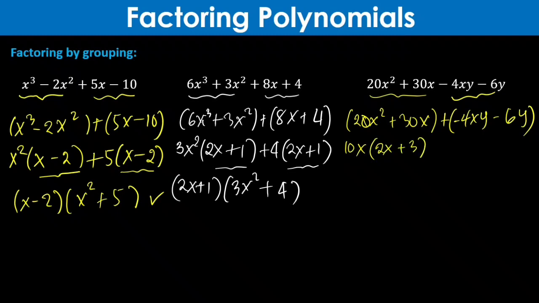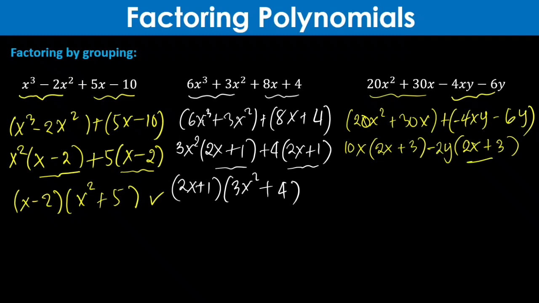You return it back, that's 20x squared, 30x. The common here is negative 2 and y. So we'll have 2x here and plus 3. If you return it back, that's negative 4xy and negative 6y.